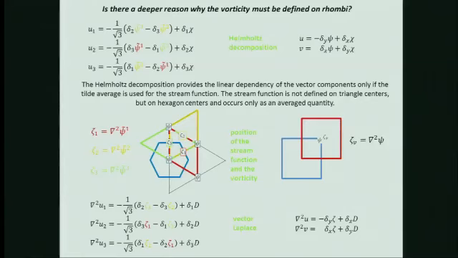If I do the tilde averaging on this equation, I can guarantee that this term here sums up to 0, but I also have to prove that the first term here, which deals with the stream functions, also sums up to 0.